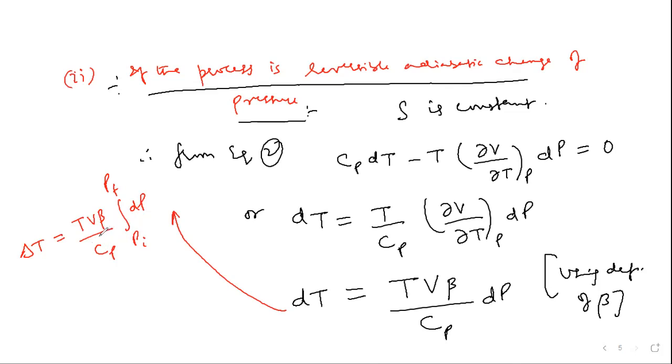So for a solid or a liquid, we can write a finite change in temperature during some process where we change the state from Pi to Pf. We take V, beta and Cp outside the integral. It will just become delta T equals V beta T over Cp times Pf minus Pi.